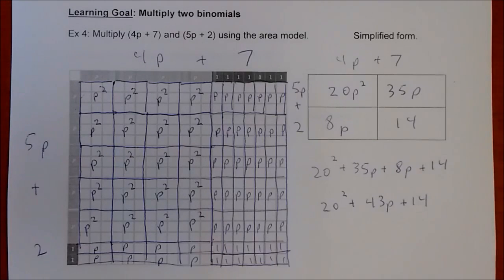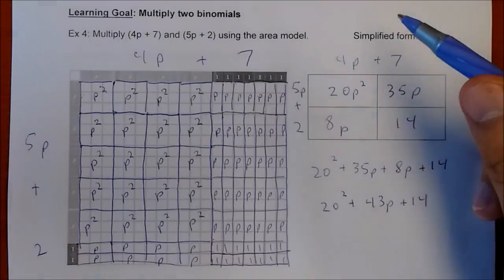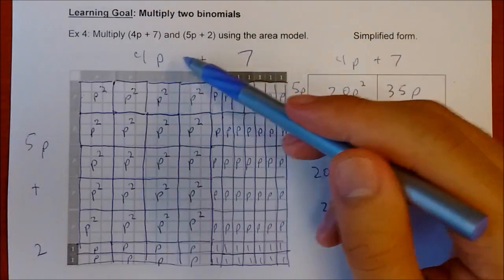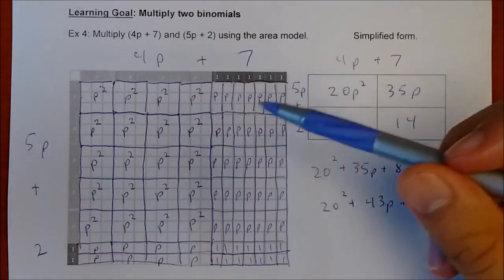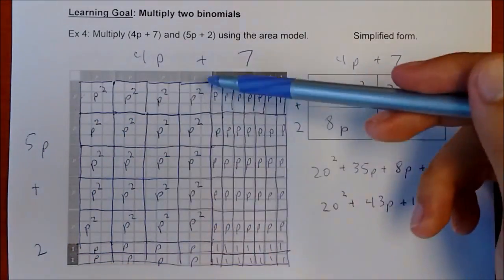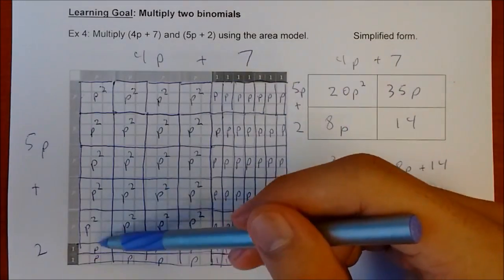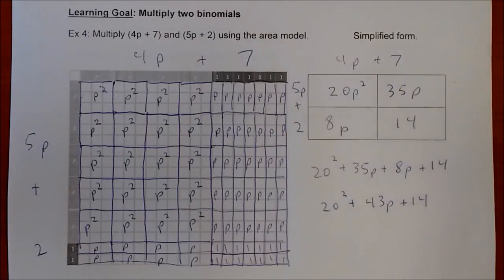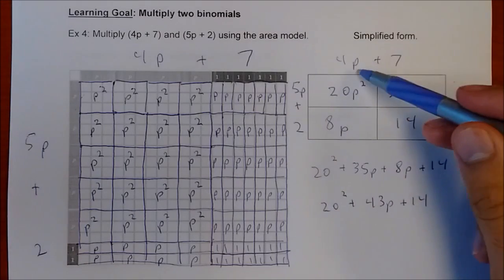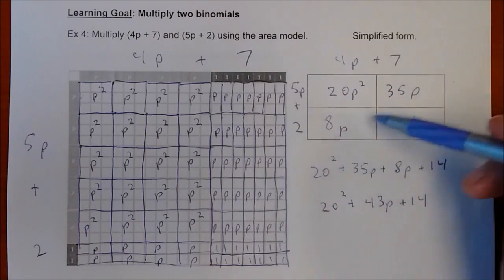Let's see how you did. So what I did first with the area model is that we have 4p plus 7 on the top and 5p plus 2 on the left. And I drew my p squared blocks, my p blocks here, my p blocks on the bottom, and the 1 blocks on the bottom. And then using the simplified form, we have 4p plus 7 and 5p plus 2.